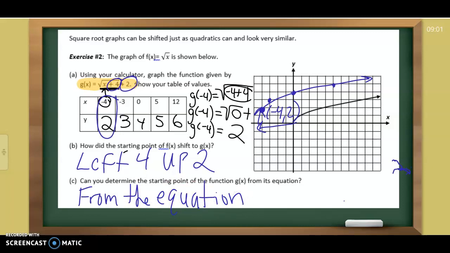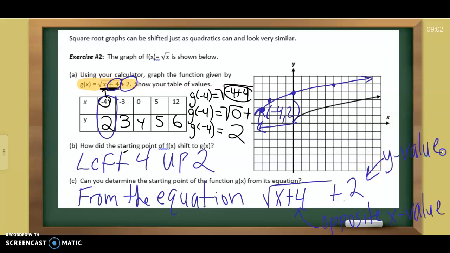If we have the square root of x plus 4, plus 2, this guy right here is the opposite x value. And this right here is the y value.